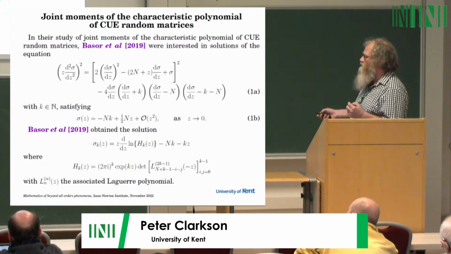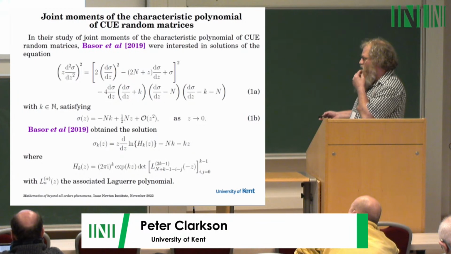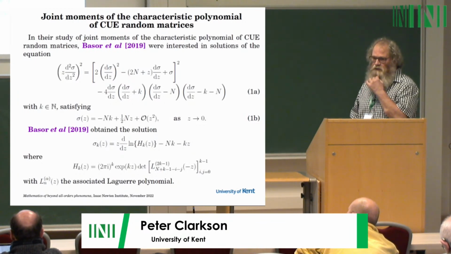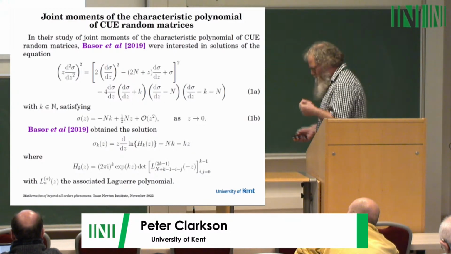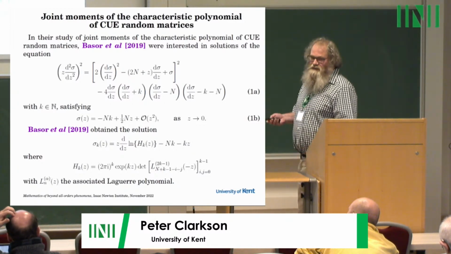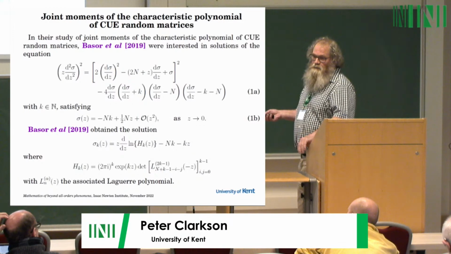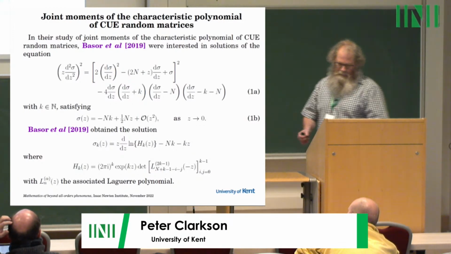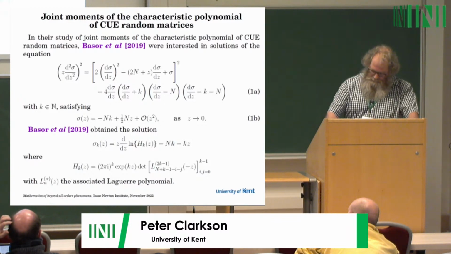They obtained this solution in terms of an associated Laguerre polynomial. You can generate this in terms of the generalized Laguerre polynomial, as I'll illustrate. So that was their result.